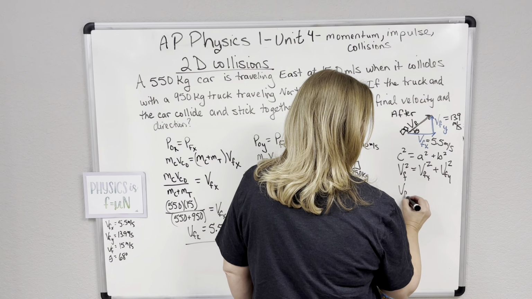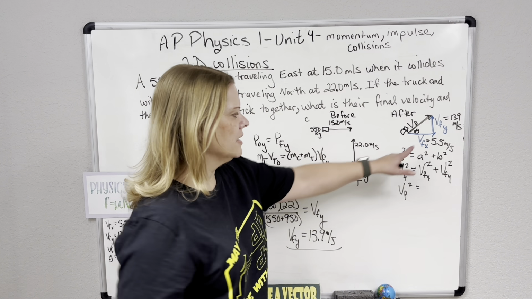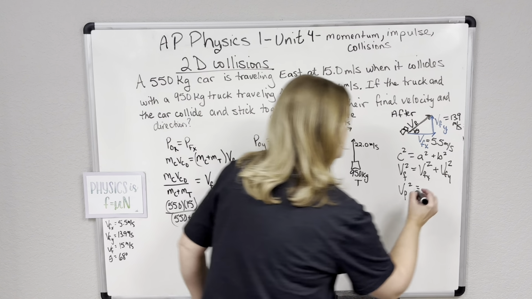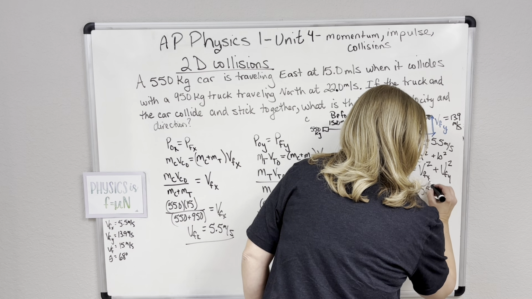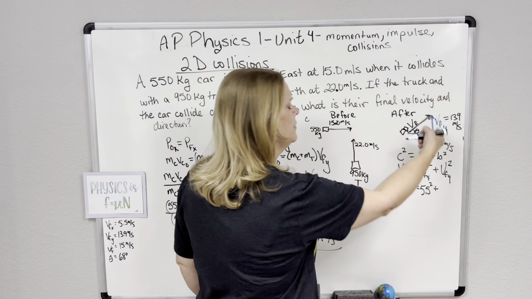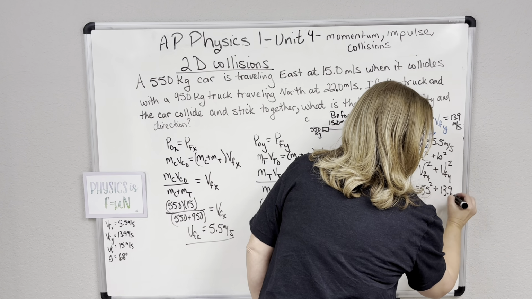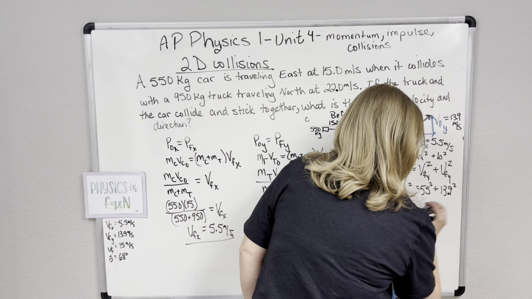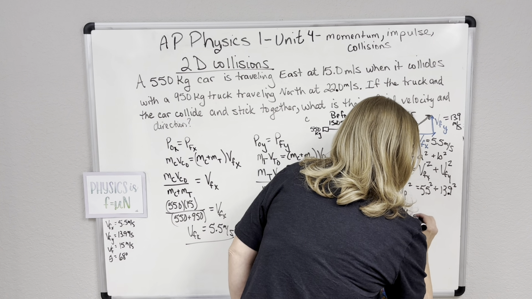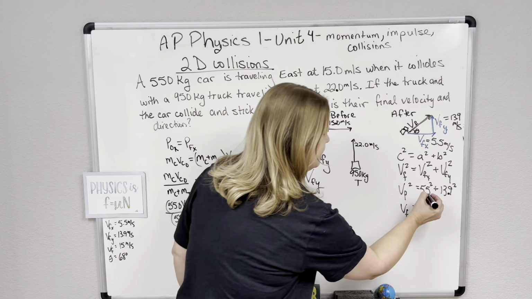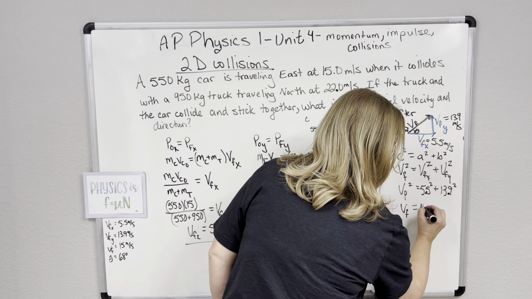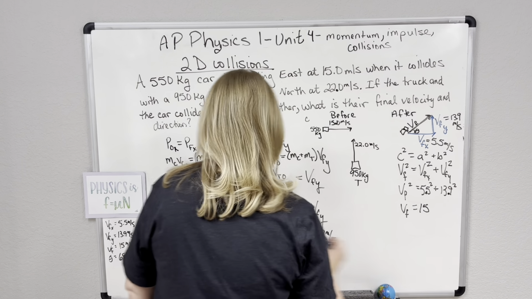I'm going to go ahead and just plug and chug now. In the x, it was 5.5 meters per second, squared. In the vertical, it was 13.9 squared. Don't forget to square those. And your v final, if you were to do that math, 5.5, 13.9, you get, I think, 15 meters per second.